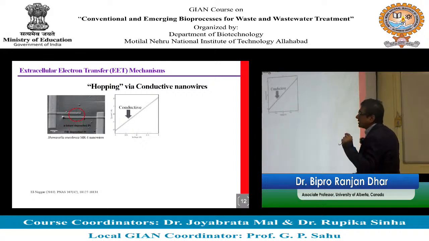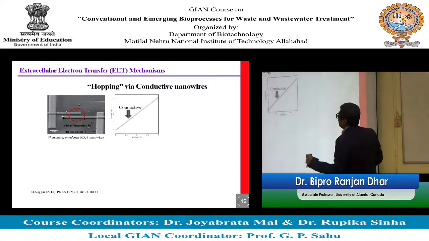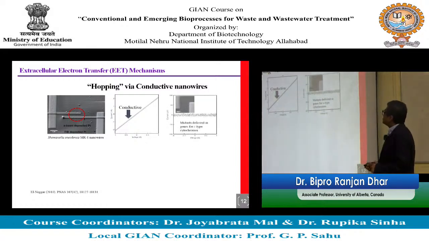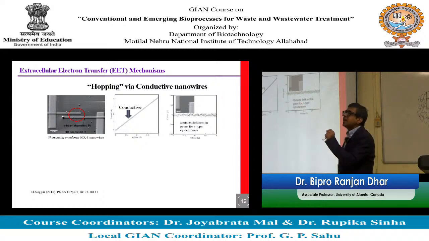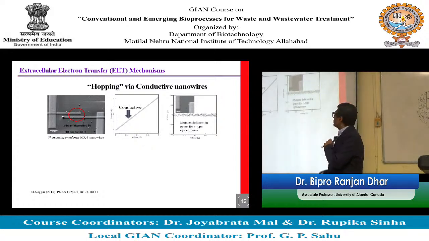But the difference between Geobacter and Shewanella is that researchers found that some Shewanella mutants are deficient in genes, they don't have any gene for C-type cytochrome. If they tried this with pili or nanowire from those Shewanella, you can see that with increase in voltage the current line is flat.